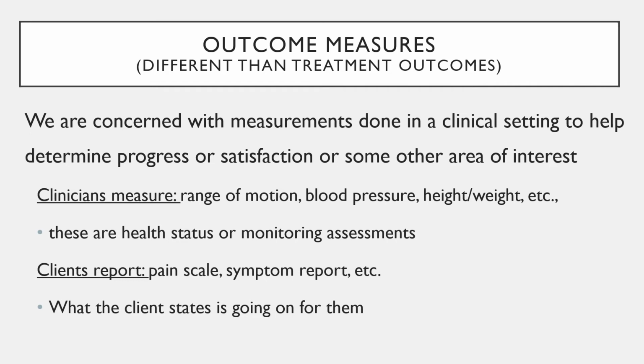Is it worse at night? Is it worse if it's really hot outside? There are all kinds of ways that people are affected by things outside of themselves, and that affects their symptoms. So you want to start getting in the habit of asking people some of that information about their symptoms. So this essentially is what the client says is going on for them.